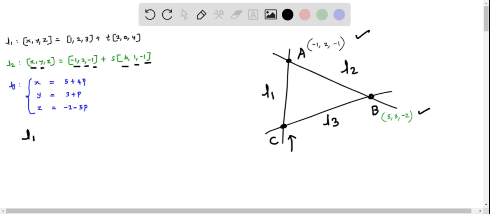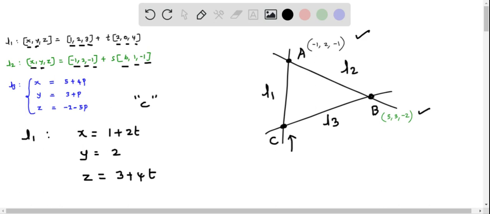So first let me write the parametric equation of line 1, that is x equals 1 plus 2t, and y equals, since we are finding intersection point C, y equals 2 plus 0t, which we can say is just 2, and z equals 3 plus 4t. So this is for line 1.